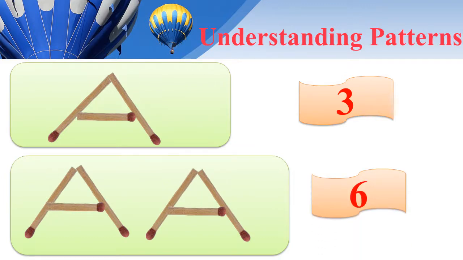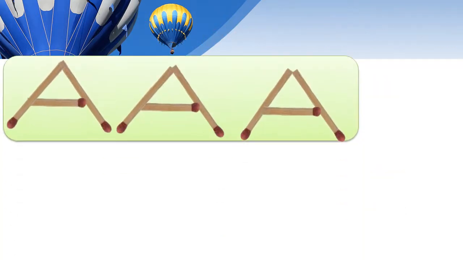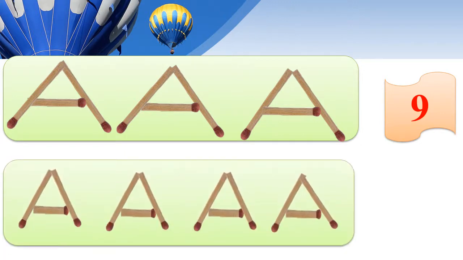So the second shape will have 6 matchsticks. Now, the third shape will have 9 matchsticks. Next, the fourth shape will have 12 matchsticks.